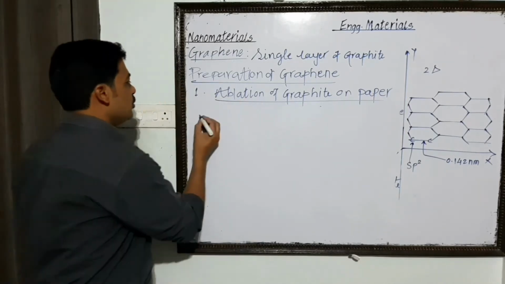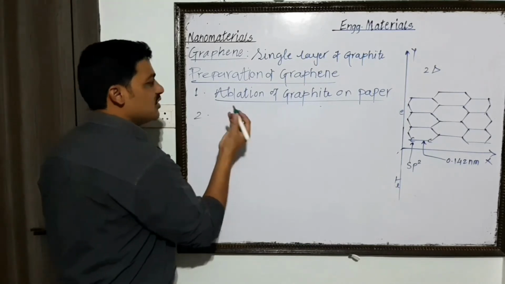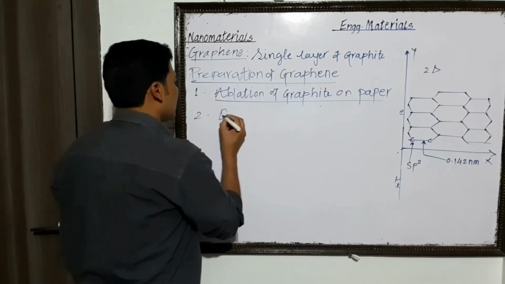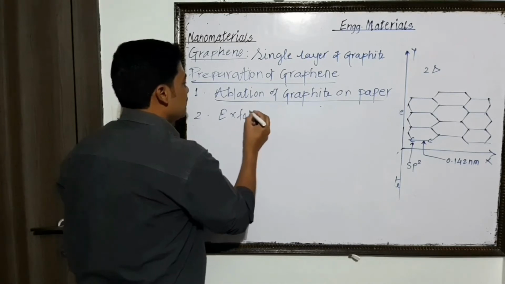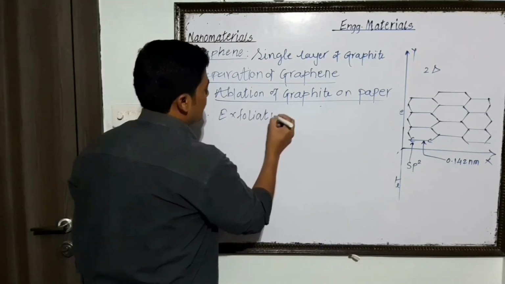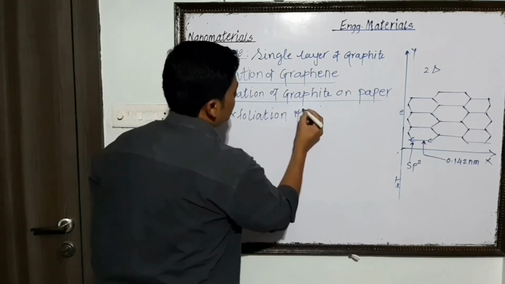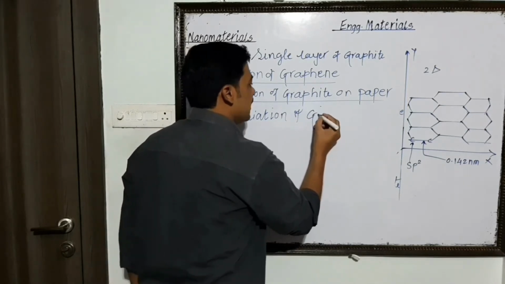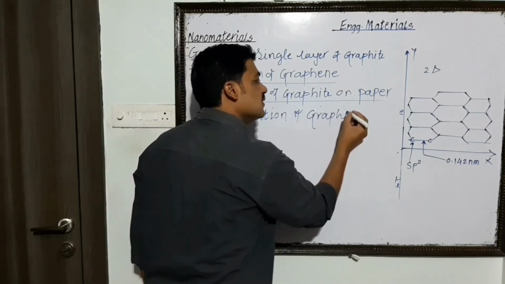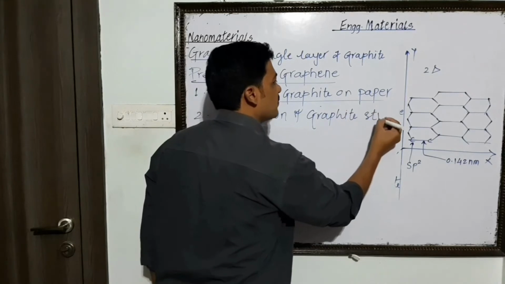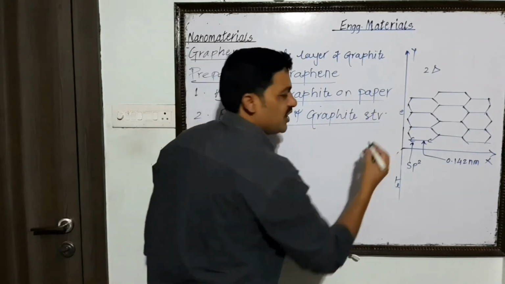The second method of preparation of graphene is exfoliation of graphite structure. What is this exfoliation? It is very simple.